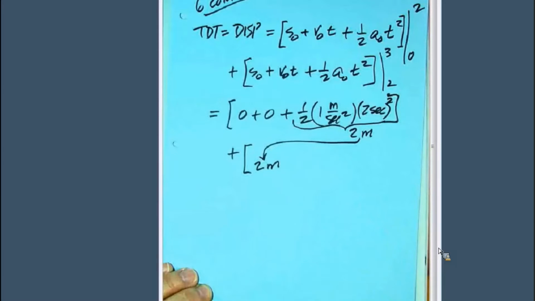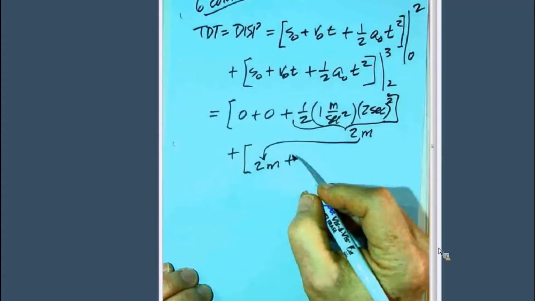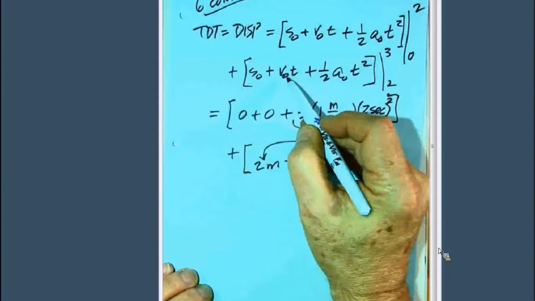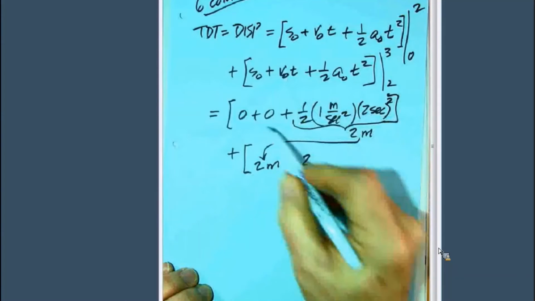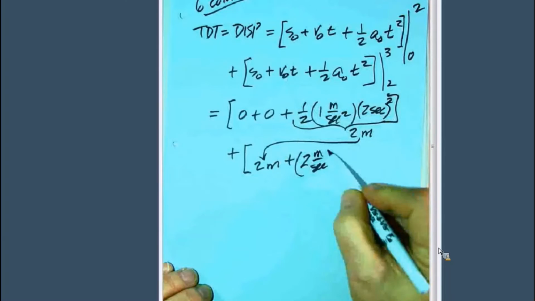So you're starting at 2 meters here, and then plus you're going to have a velocity there, and again you've gone 2 seconds at 1 meter per second. So this number here is going to be plus 2, not 0 anymore. It's going to be 2 meters per second times 1 second.